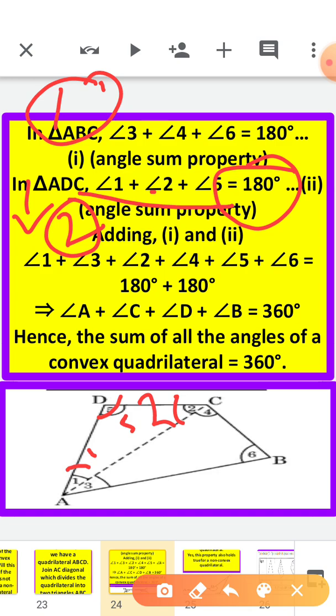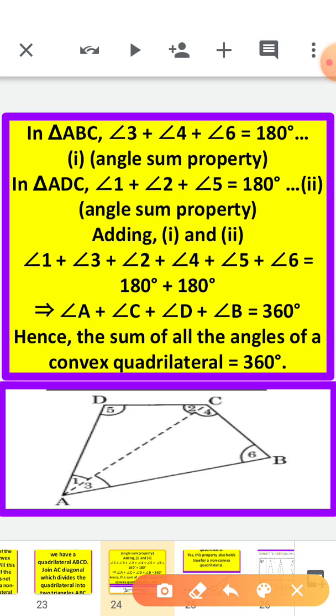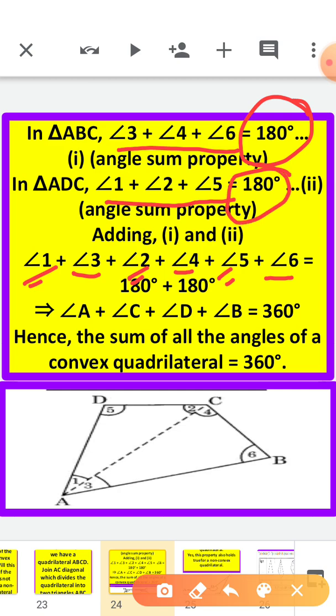Now add both the equations. Angles 3, 4, 6 are here, angles 1, 2, 5 are here on the left side, and on the right side we are adding 180 plus 180, so it will give you 360. So the sum of all the angles of a convex quadrilateral is equal to 360.